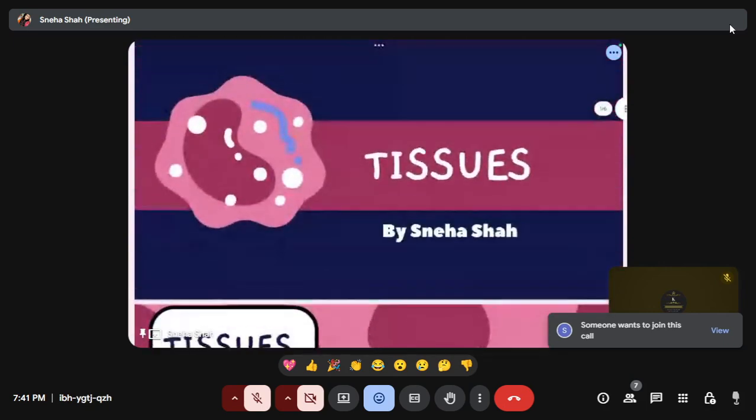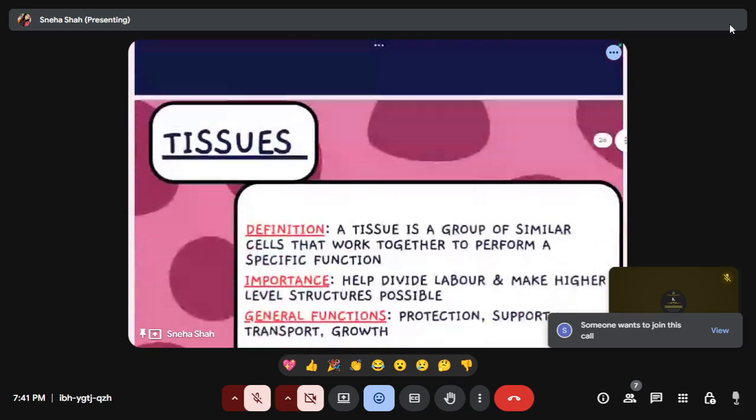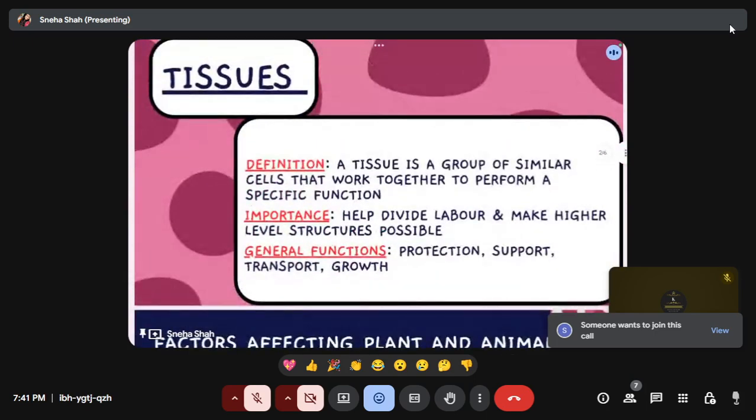So we'll understand tissues. We'll start with the definition. It is nothing but a group of similar cells that work together to perform a specific function. So if you have seen in the cells, we have cell membrane, we have nucleus, we have organelles.